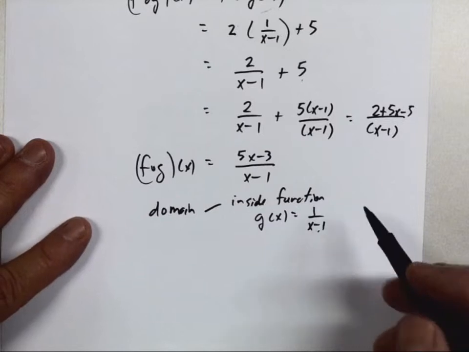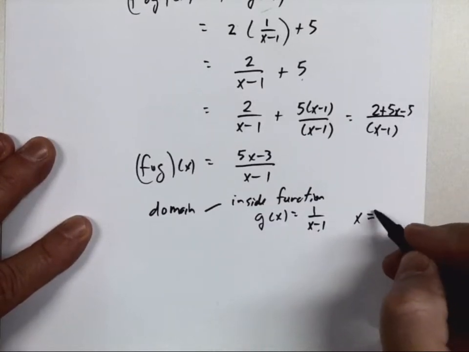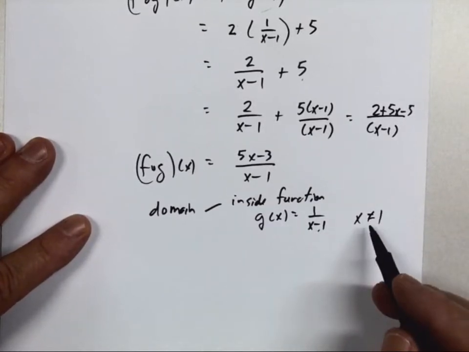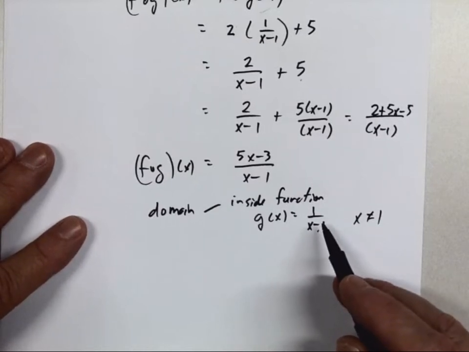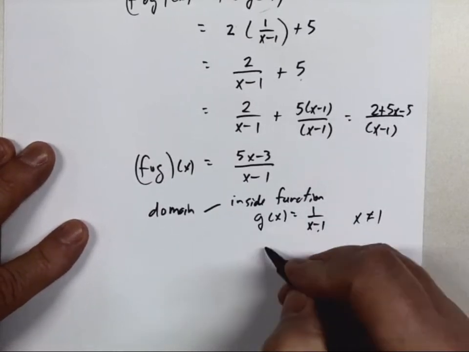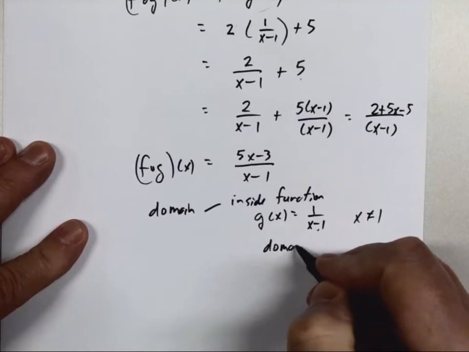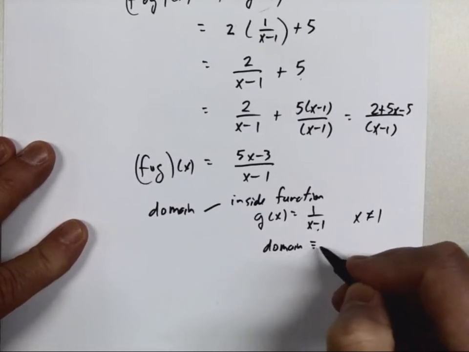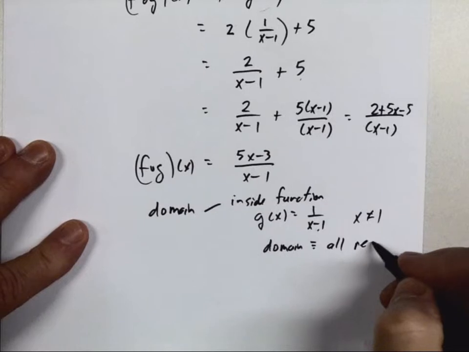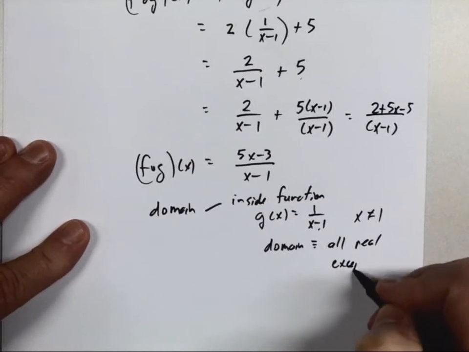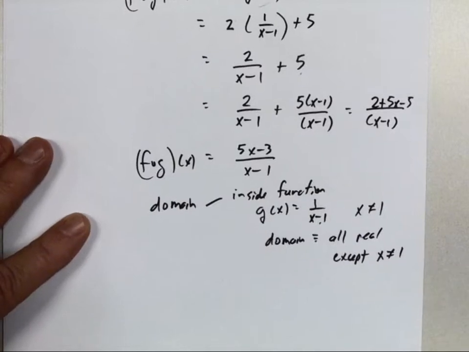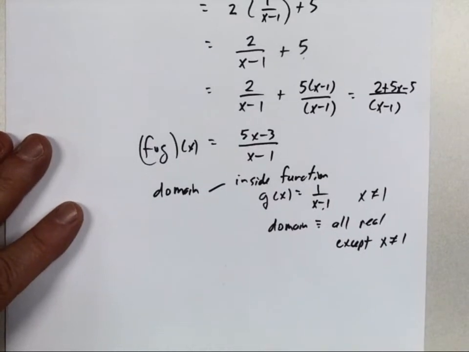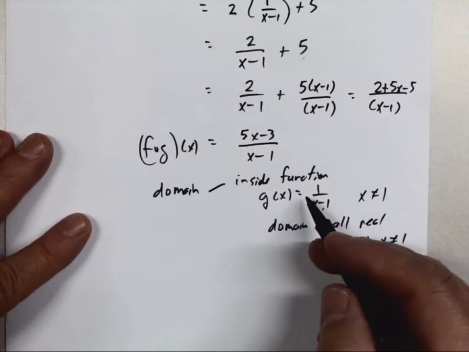We have a variable in the denominator. What do I know that x cannot be equal to? X cannot be equal to 1 because we can never have a 0 in the denominator. So the domain for this is all real except x cannot be equal to 1. So that's the inside function.